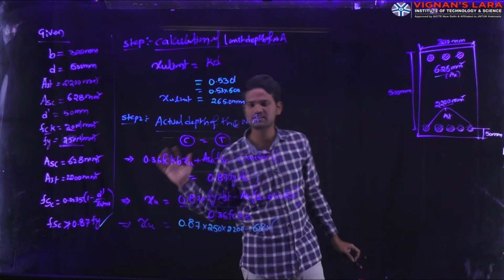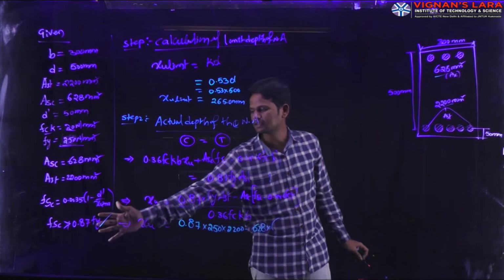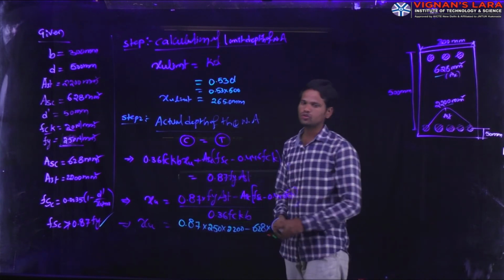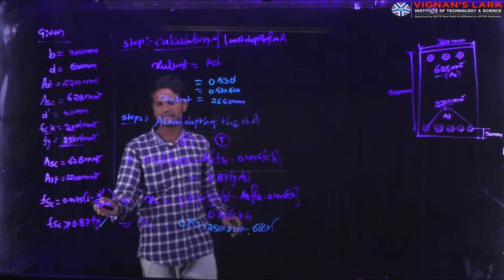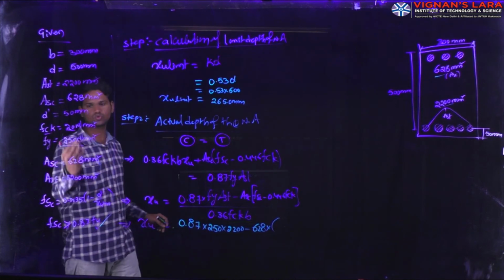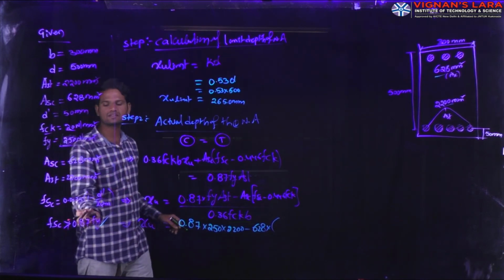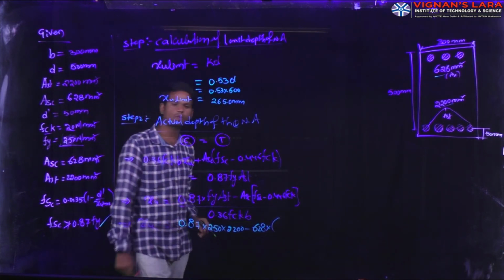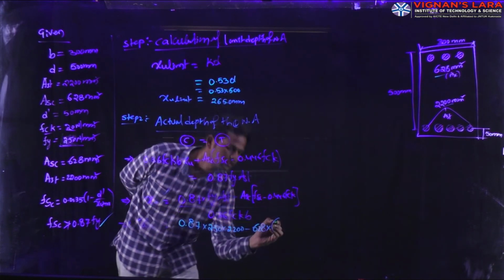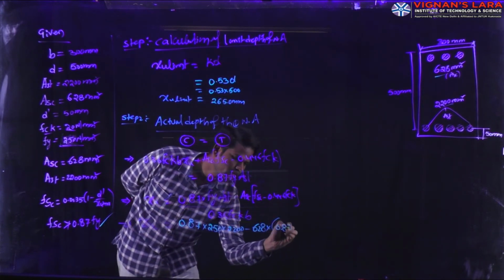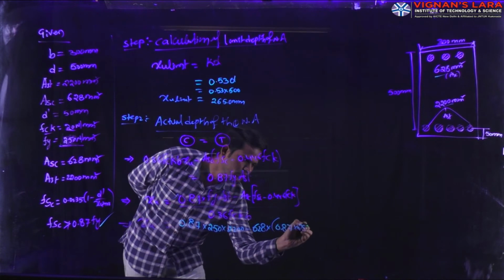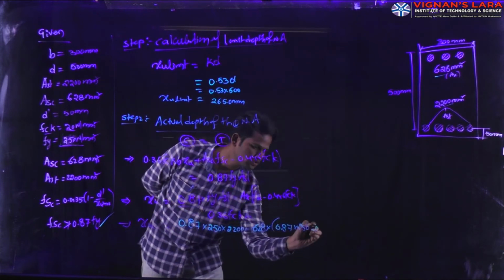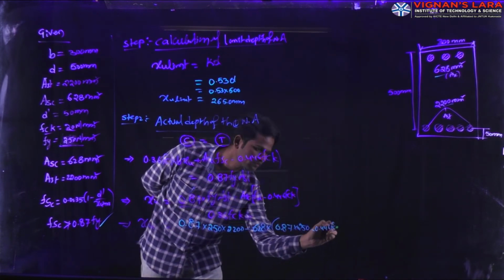Again this FSC value should not be greater than 0.87 into Fy. For the given grade of steel as 250 Newton per mm square, directly you can substitute this value as 0.87 into Fy.